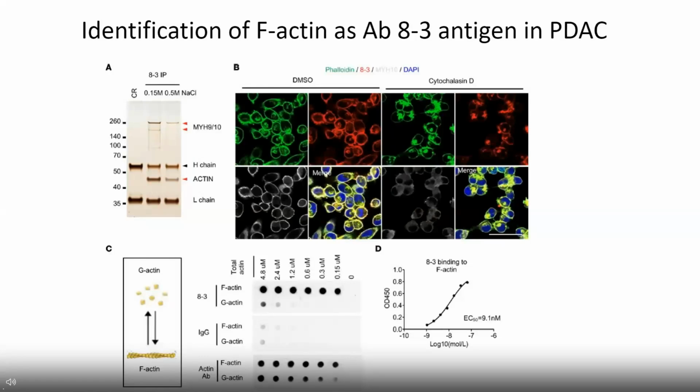You can see there, they recognize either F-actin or G-actin on the titration when we titrate the actin and blot it. However, our antibody 8-3 more specifically recognizes the F-actin than the G-actin, and the isotype control doesn't recognize either. We further developed an F-actin ELISA protocol, and we can measure the binding affinity. In this case, we measured the EC50 on F-actin at around 9 nanomolar range.